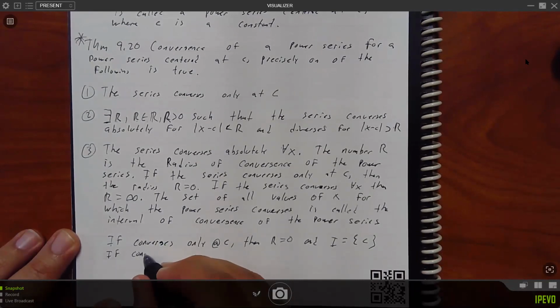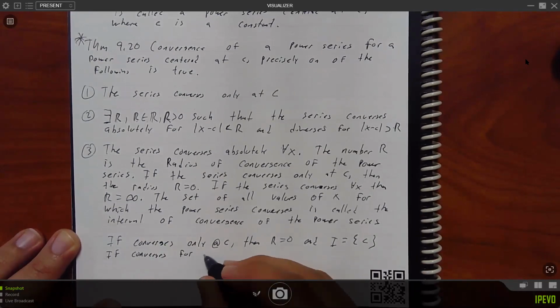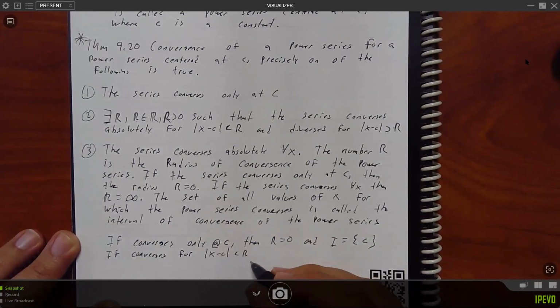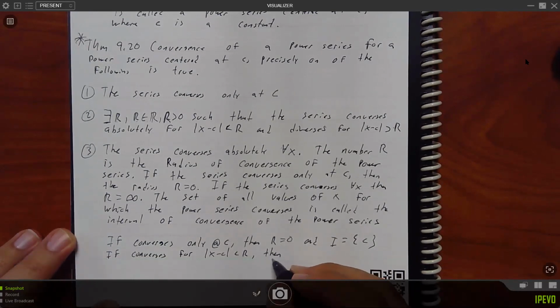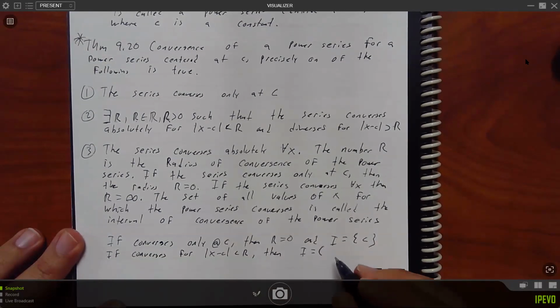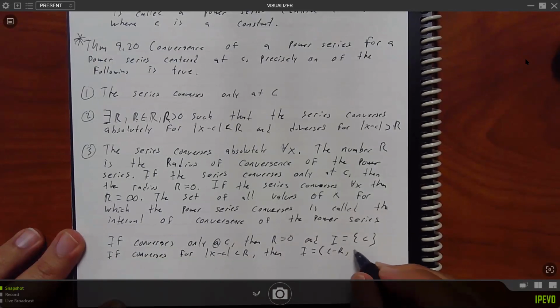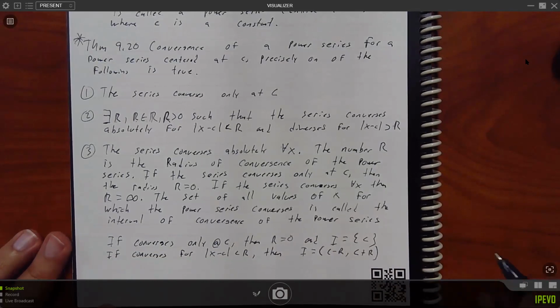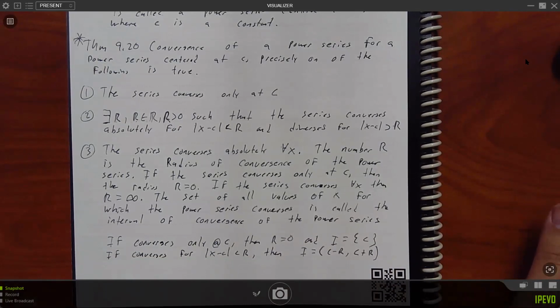If it converges for |x minus c| less than R, then I is equal to c minus R all the way up until c plus R. And the R would be equal to that distance.